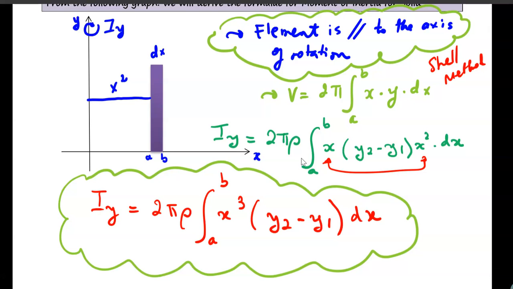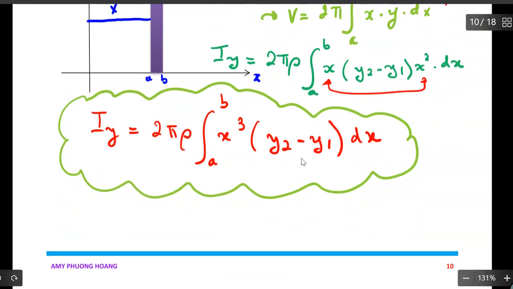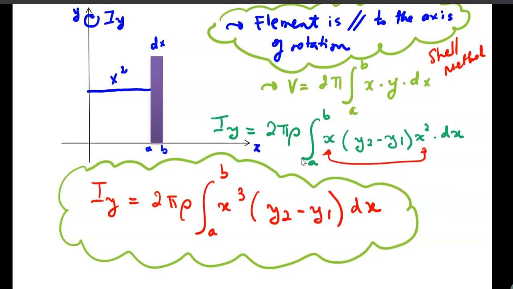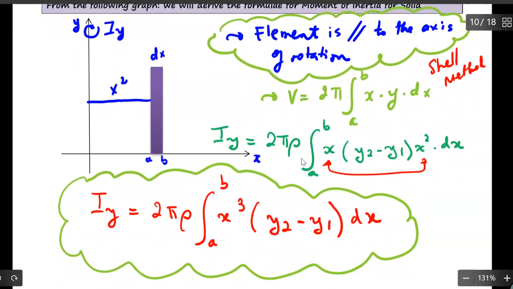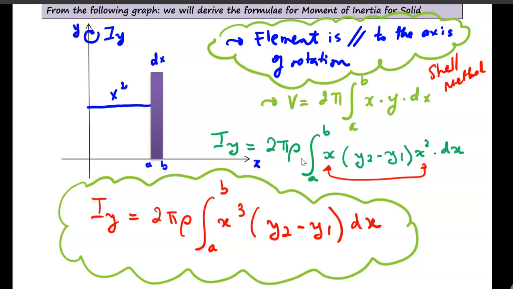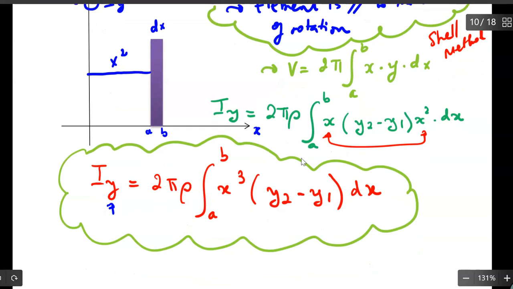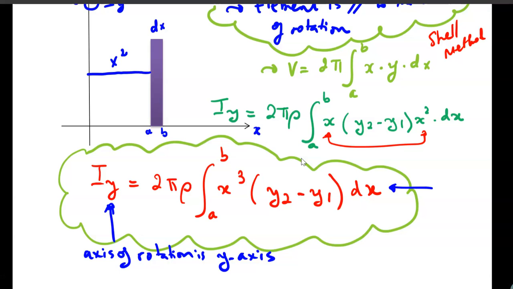This formula represents the axis of rotation being the y-axis. Here the axis of rotation is the y-axis, but you are using dx because you are using the element that is parallel to the axis of rotation.